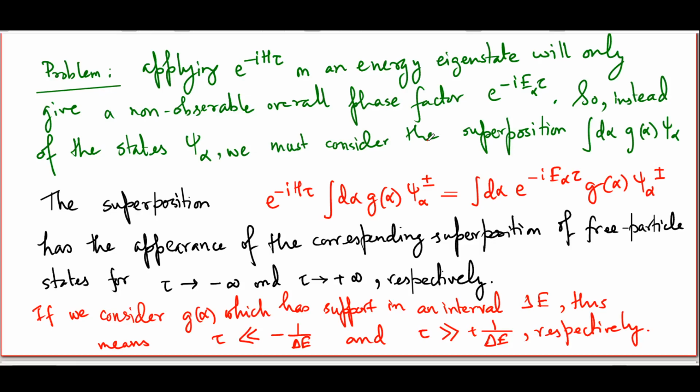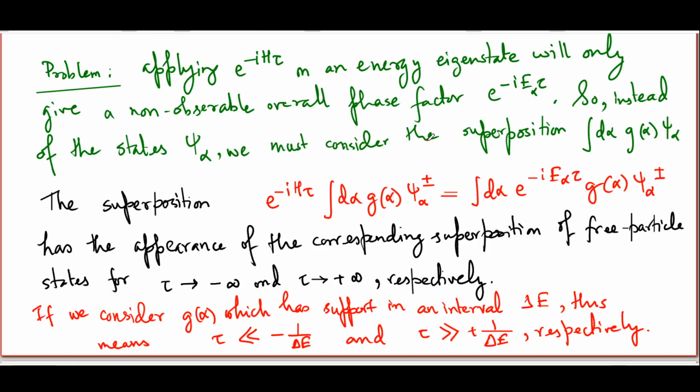Now, the claim is that this superposition has the appearance of the corresponding superposition of free particle states, free particles bearing the correct labels for tau going to minus infinity, for the in state, for the plus sign in the formula, and tau going to plus infinity for the minus sign in the formula.